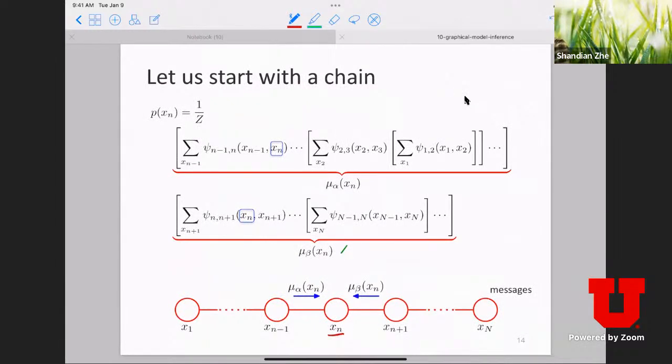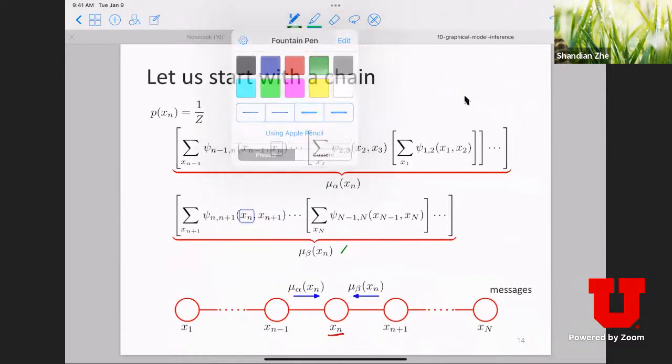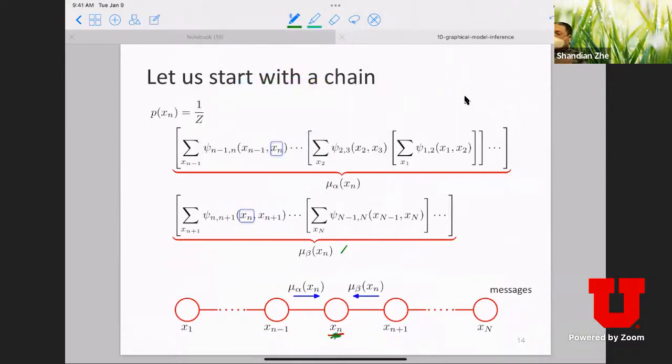In this way, as we just mentioned, for better visual understanding or intuition, we denote this summation of the potential function product all the way up to the current node xn by this message mu alpha of xn.